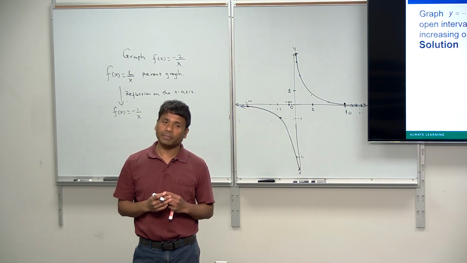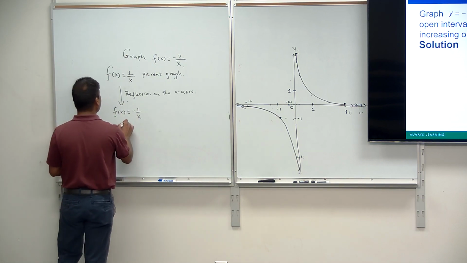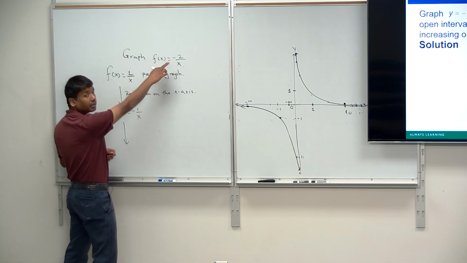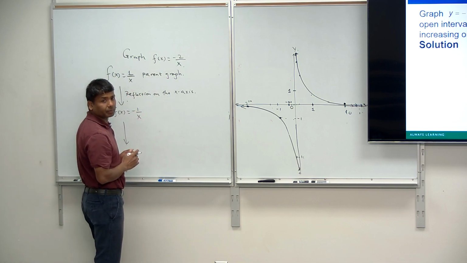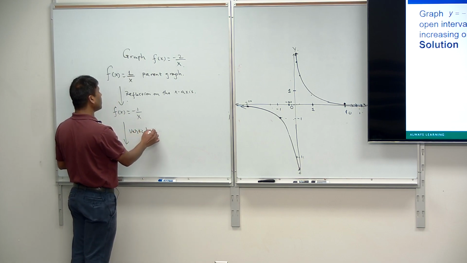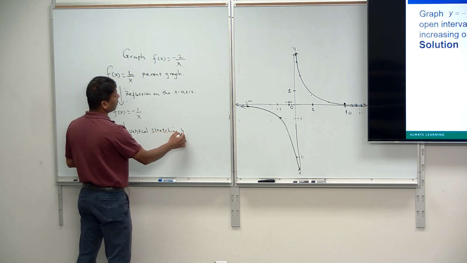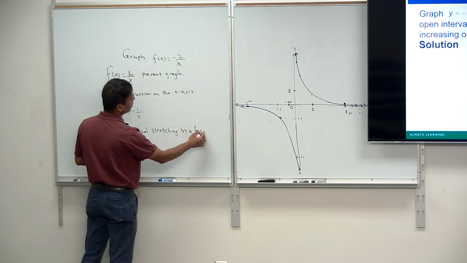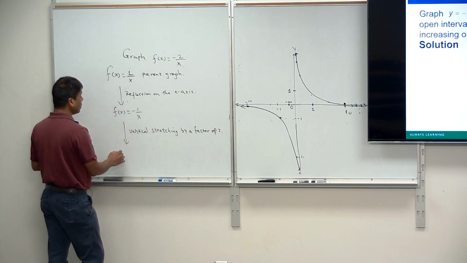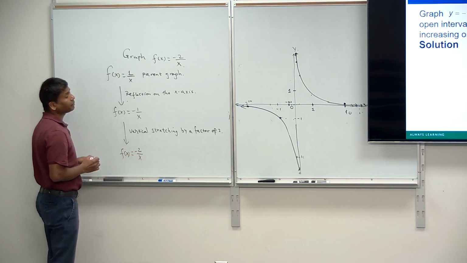So you reflect that on the x-axis, and then vertically stretch by a factor of 2. Then you will get f(x) equal to negative 2 over x.